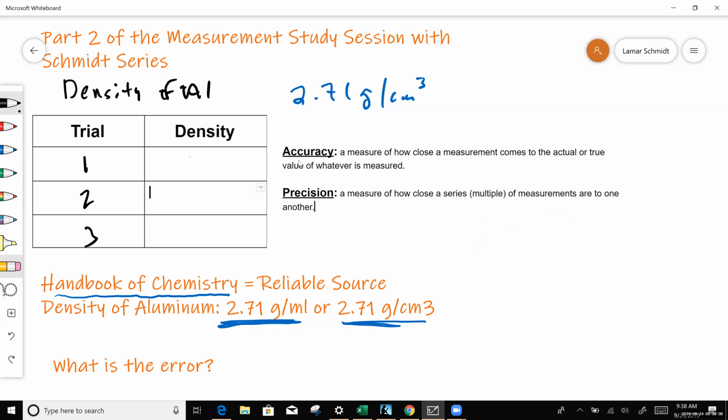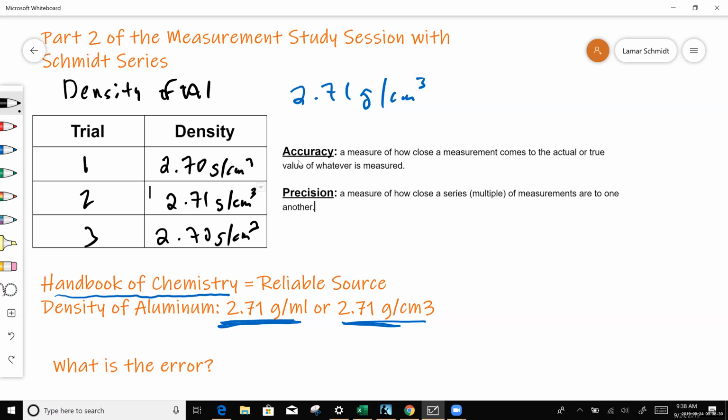Let's say we get 2.70 grams per cubic centimeter, 2.71 grams per cubic centimeter, and 2.70 grams per cubic centimeter.